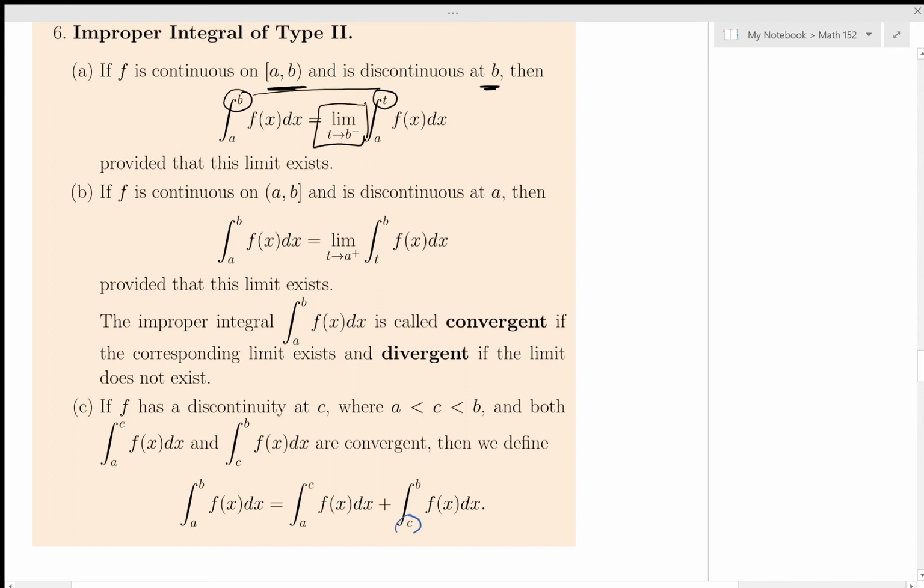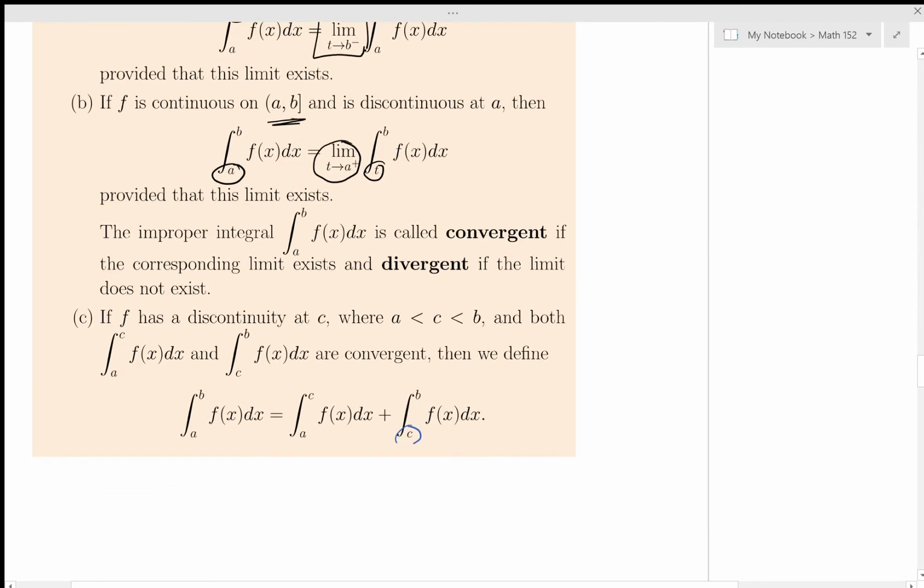If the limit exists, then the integral converges to whatever value the limit converges to. If we have a half-open interval like this, and it's discontinuous at a, then the discontinuity is here, and this is like the example we just had. Then we move that out to the front, and we replace the a with the t there.